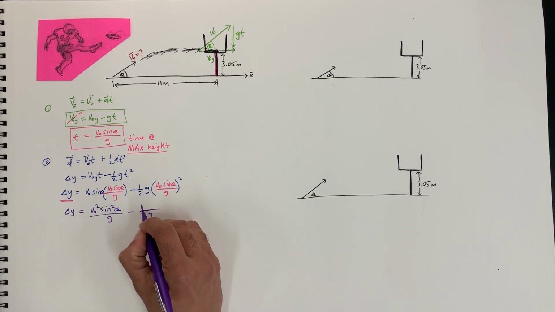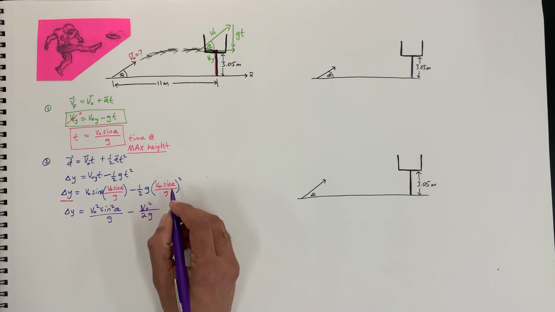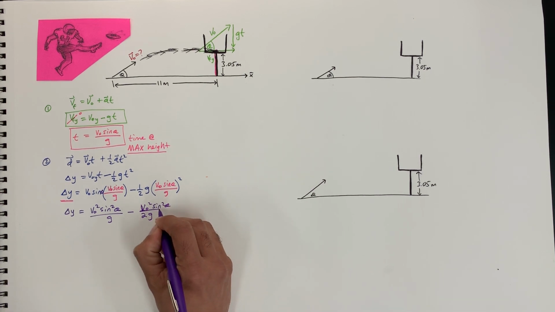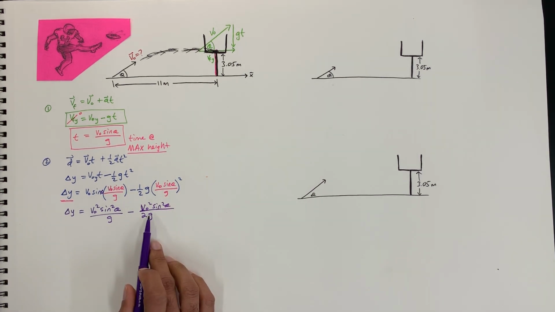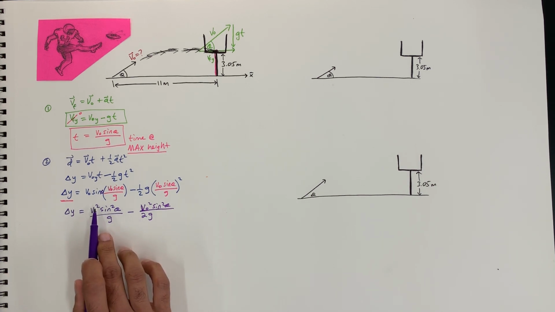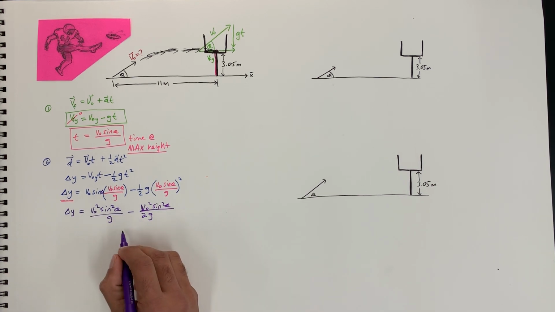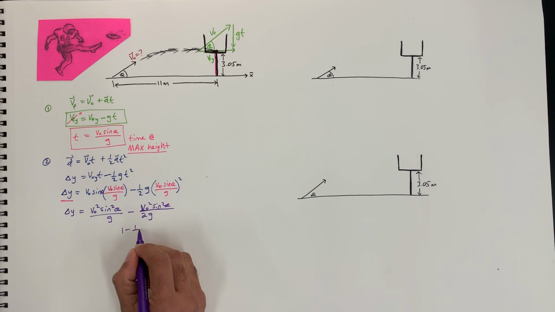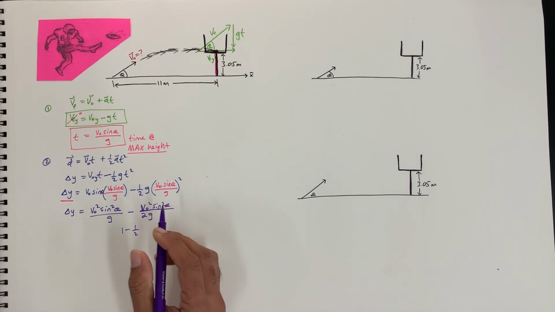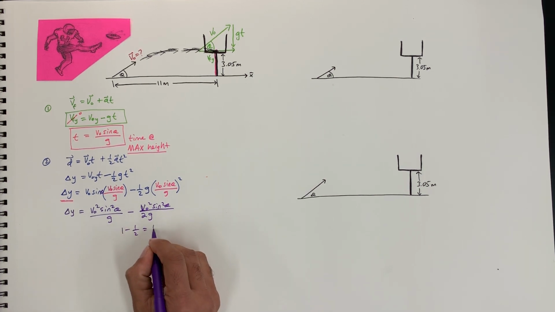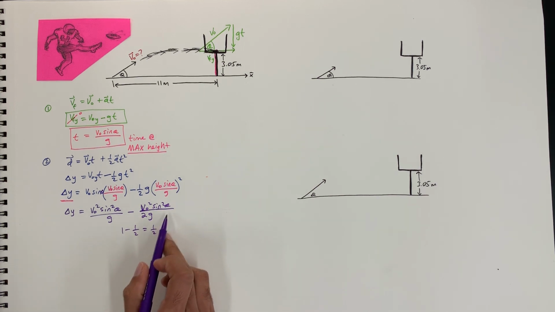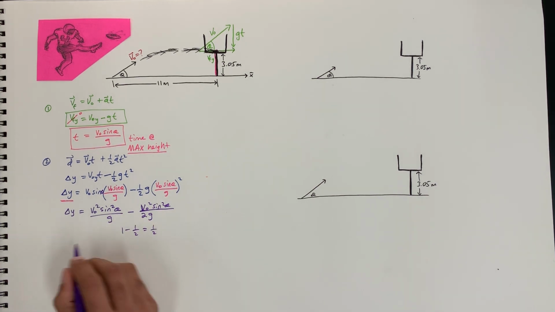And up top we've got v naught squared sine squared theta. Here we have the same thing, so it just looks like 1 minus 1/2, which is going to be 1/2. So let's combine that into here.